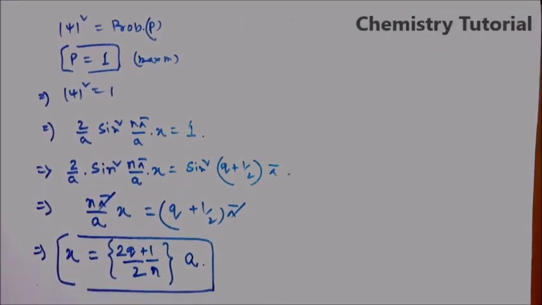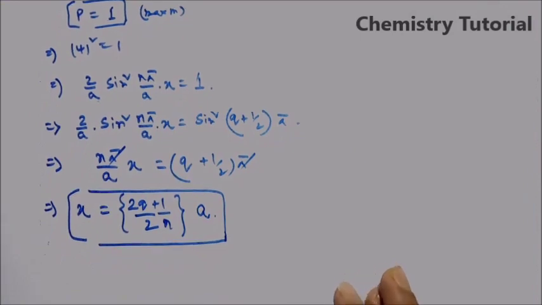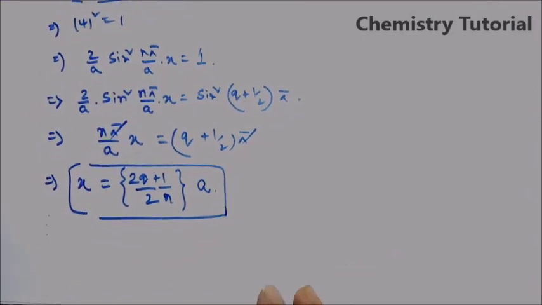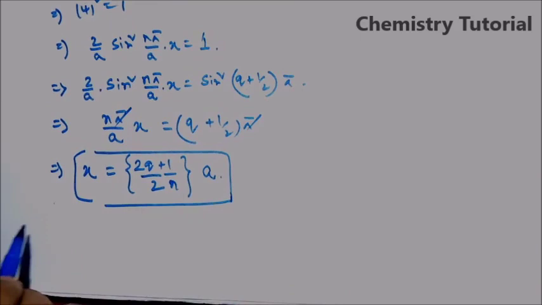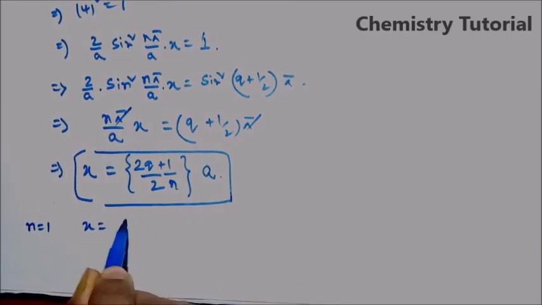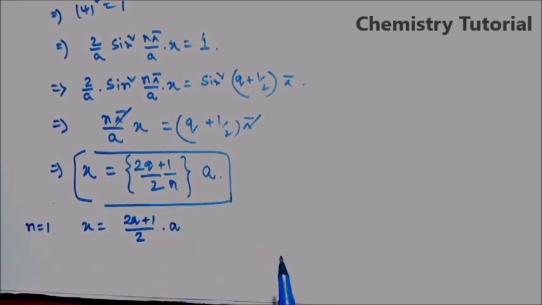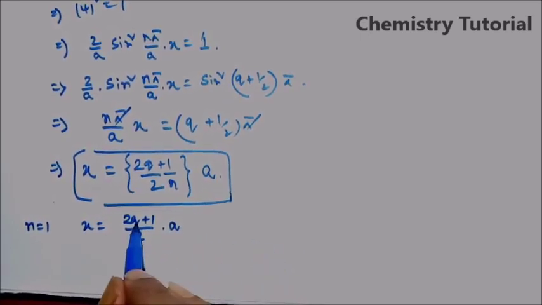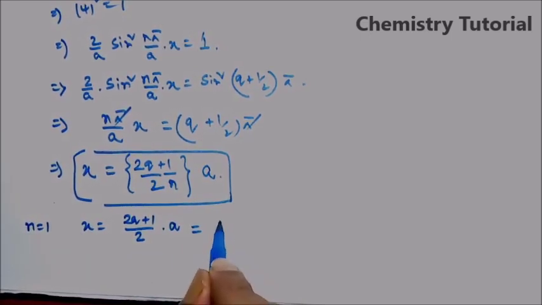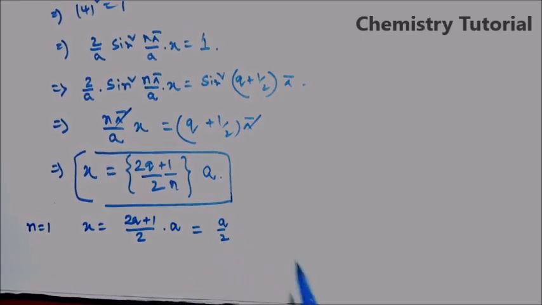Now we'll see for different quantum numbers where the probability will be maximum. So for n equal to 1, x will be twice of (2q plus 1) divided by 2 into a. So the q value may vary from 0 to infinity. For 0, it will be a by 2.